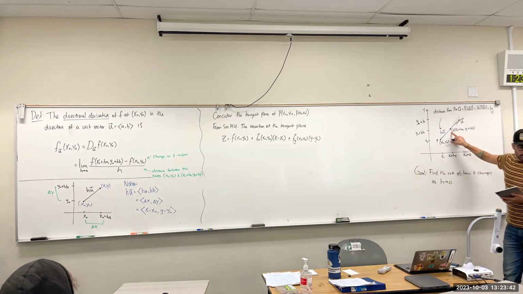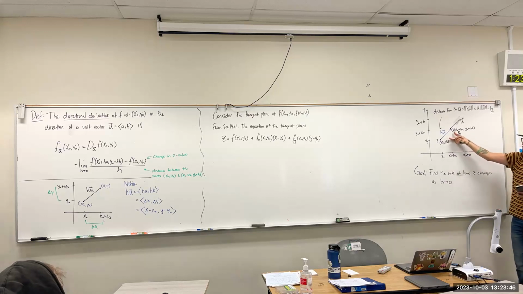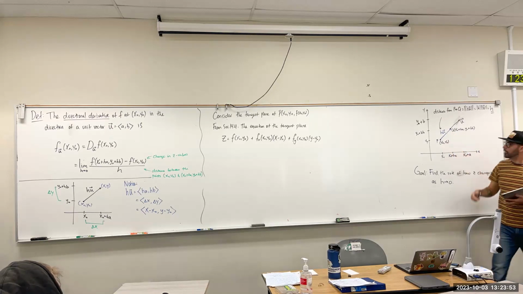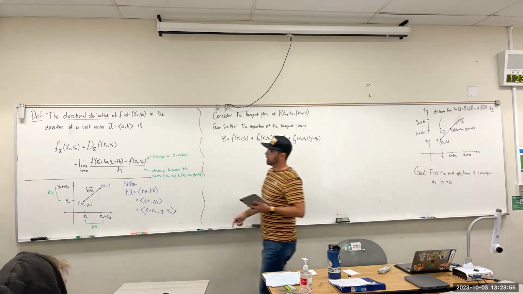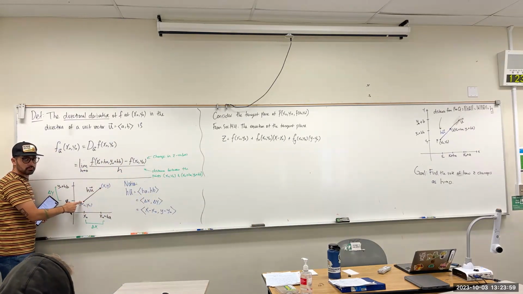Point Q doesn't look like it's that close on that picture, but as h gets smaller and smaller, that point Q is getting closer to point P. And then therefore, on the xy plane, this point is going to get closer to this point.